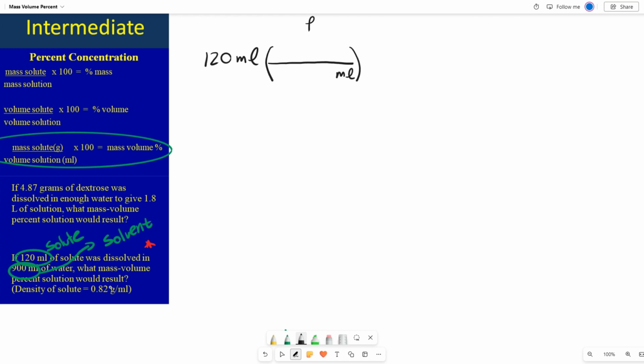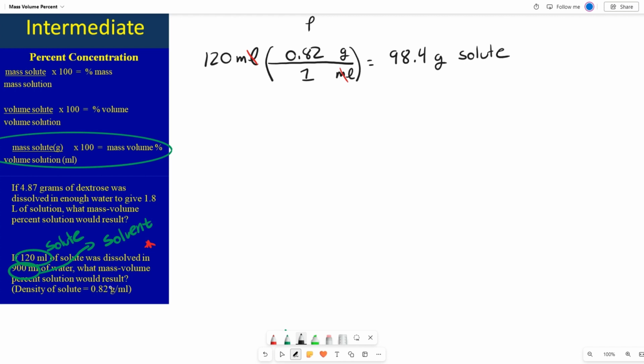We want milliliters to cancel out, so we'll put it on the bottom. We want to end up with grams, so we'll put it on the top. We have 0.82 grams per 1 milliliter. When we do that, milliliters and milliliters will cancel out, and that'll leave us with grams. So 120 times 0.82 divided by 1 gives us 98.4 grams, and that's solute.